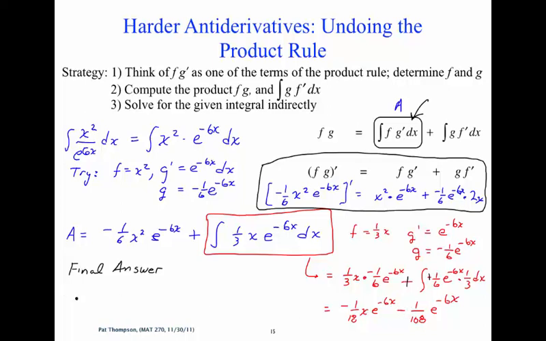So the final answer is going to be negative 1/6 x squared e to the minus 6x, which is this right here, plus what this integral is equal to.